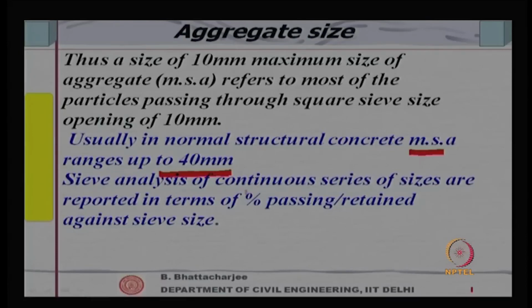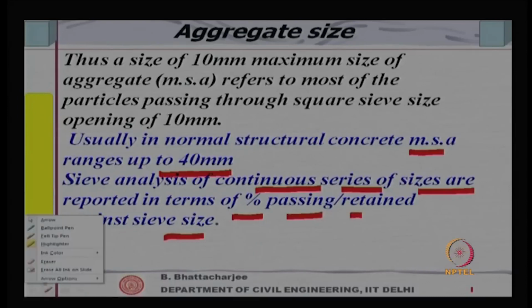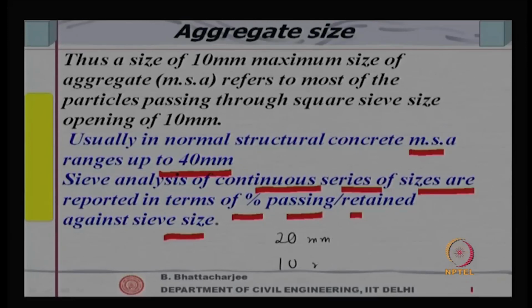Now, then we carry out sieve analysis in a continuous series of sieves, and they are reported in terms of percentage passing or retained against sieve size. So, it is in a tabular form usually, for example, 20 mm, 10 mm, etcetera, and percentage passing. So, maybe 99% passing through this if the MSA is 20 mm, maybe 50% or 60 or 70% passing through this, etcetera.